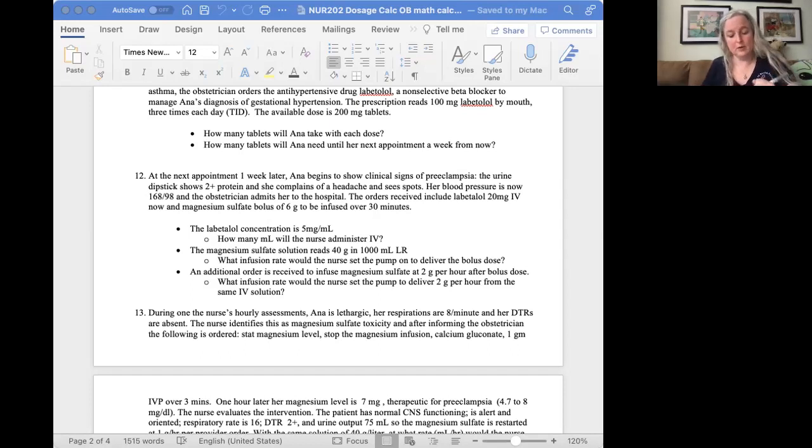To figure out how many milliliters per hour we're going to set our pump, we want the milliliters ordered over the number of minutes ordered, times 60 minutes in an hour. Oops, I wrote 6.